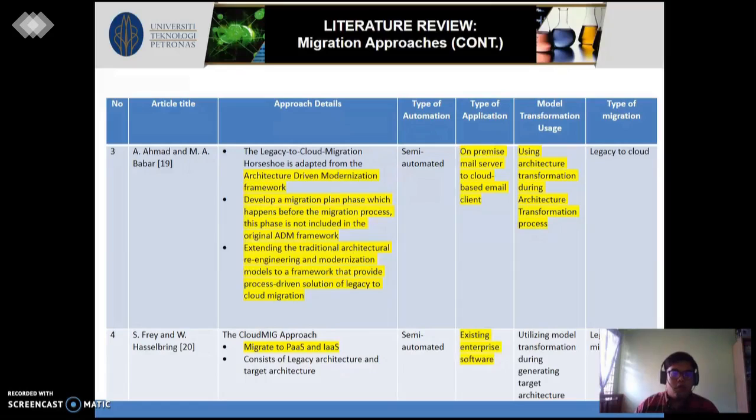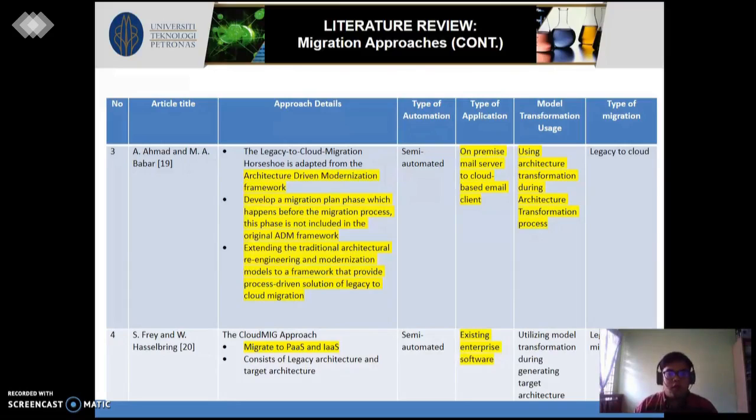So next, Ahmad and Babar. In this approach, they are adapting ADM. They also develop a migration planning phase which happens before the migration process, and this phase is not included in the original ADM framework. They are extending the traditional architecture re-engineering and modernization model to a framework that provides a process-driven solution for legacy to cloud migration.